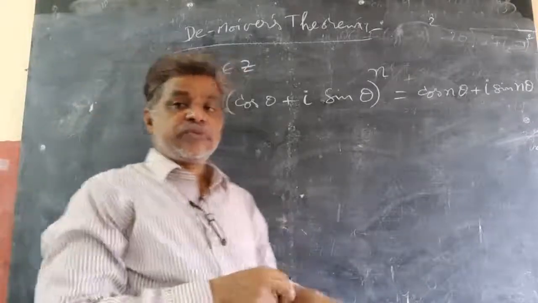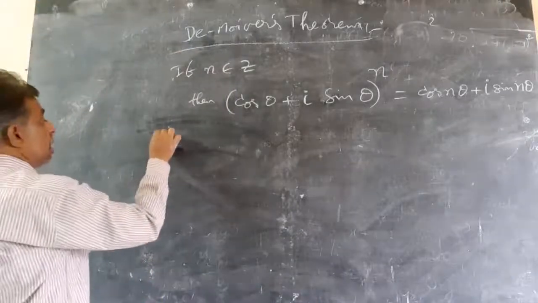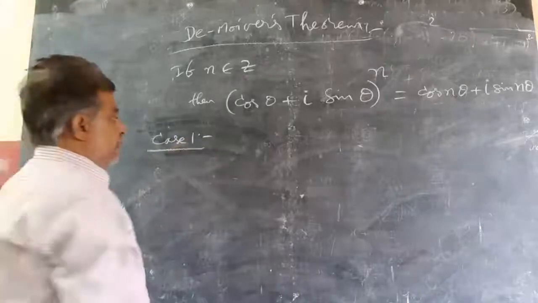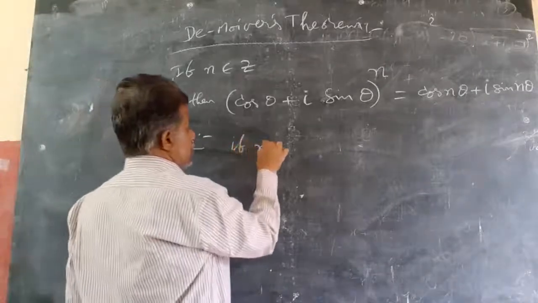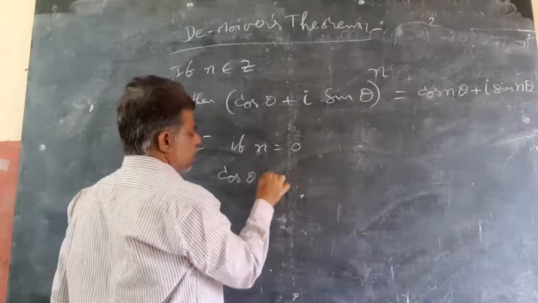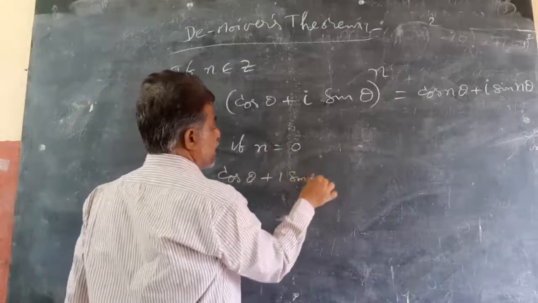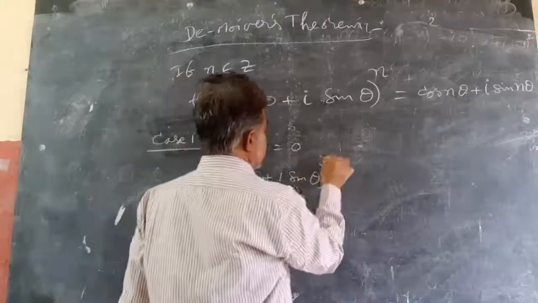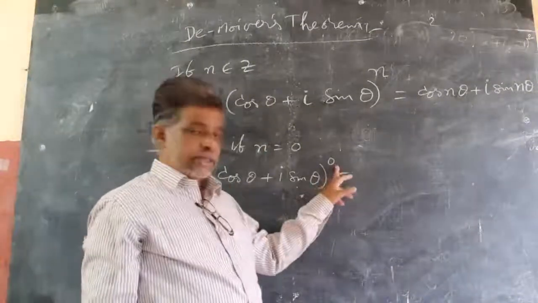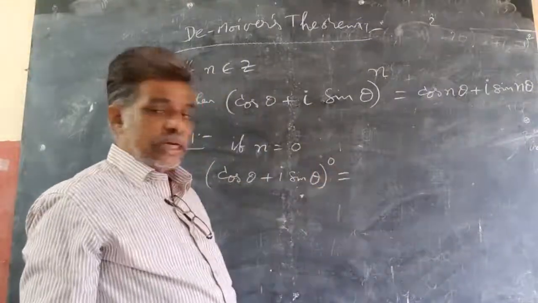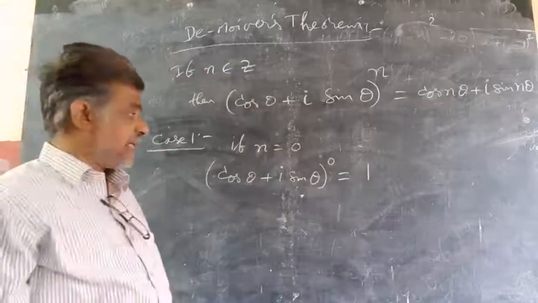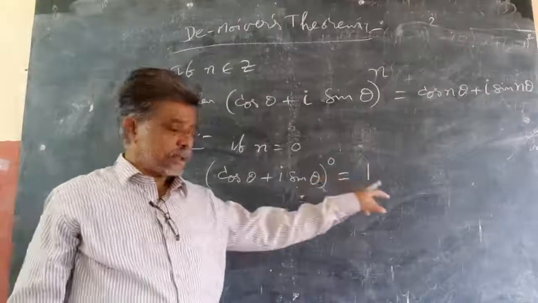First case, case 1. If n equals 0, then what do we get? (cos theta plus i sin theta) whole power 0. Anything power 0 is 1, so the LHS is 1.